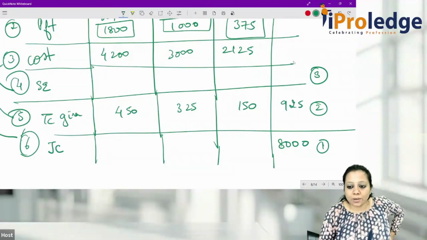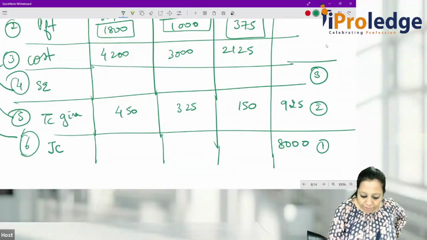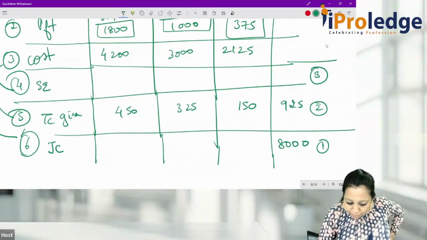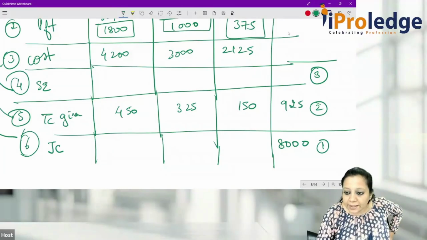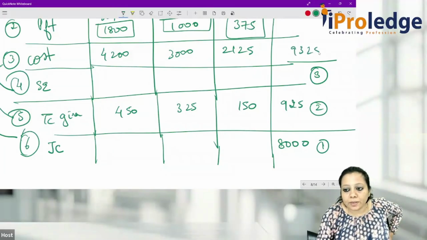So what is the total of cost, students? Total of cost is going to be 4,200 plus 3,000 plus 2,125, that is 9,325.